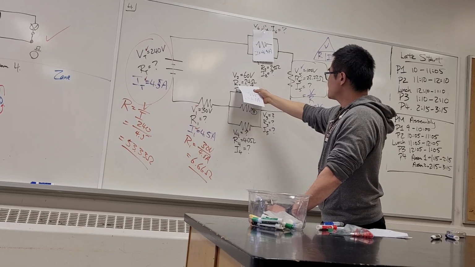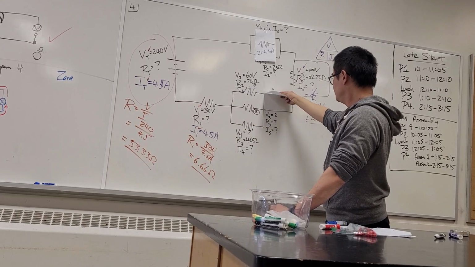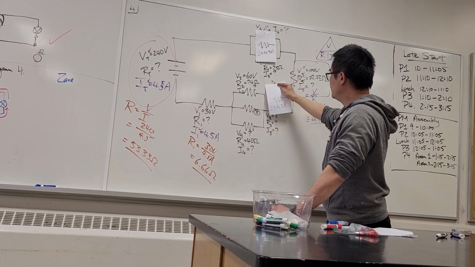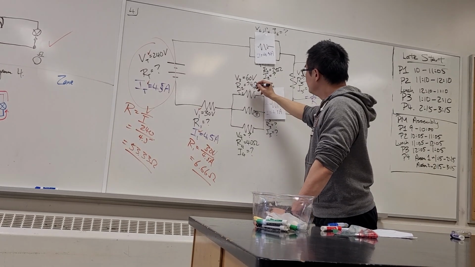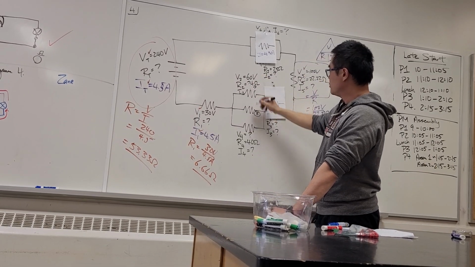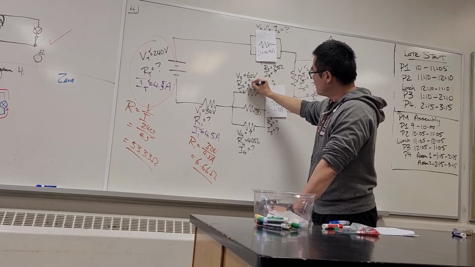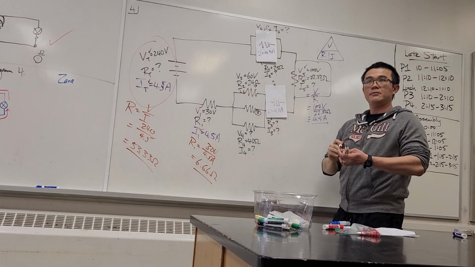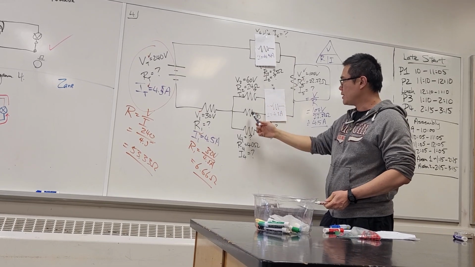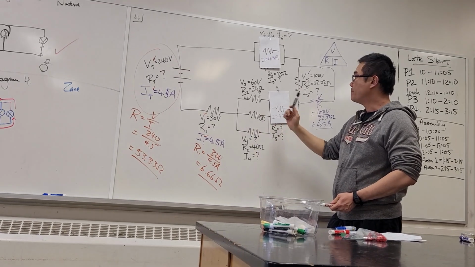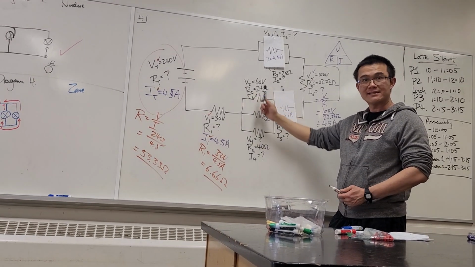Now if we look at this circuit here, it is a parallel circuit, and one thing about parallel circuit is this: your current, you add up the individual currents together, but the voltage is the same everywhere.